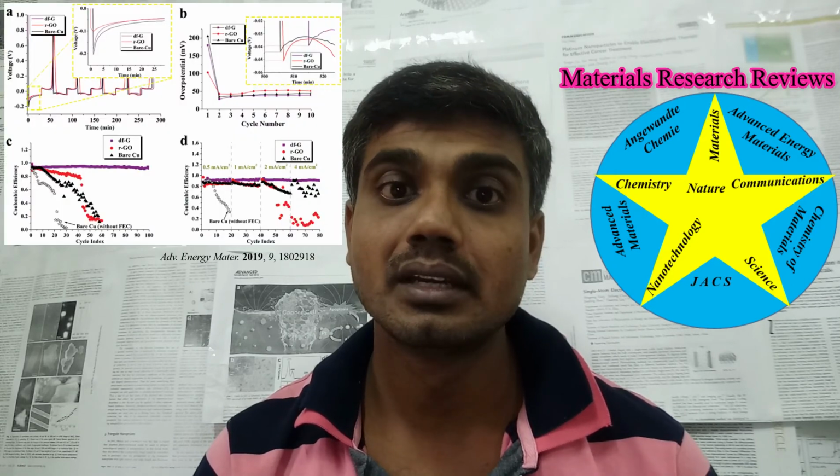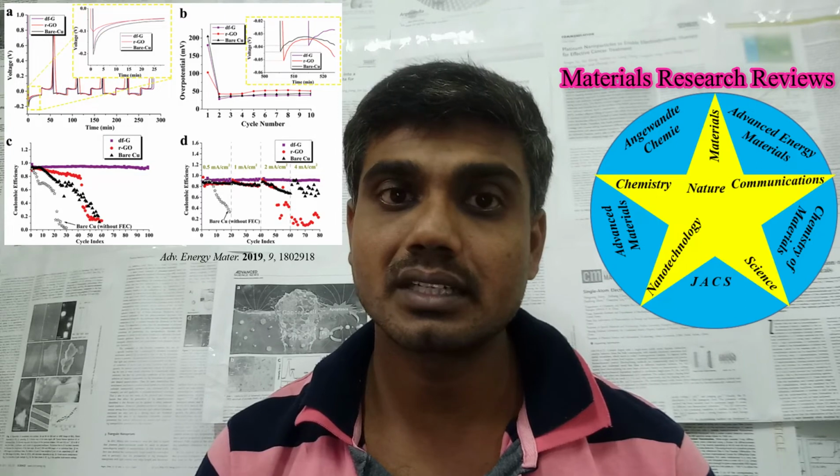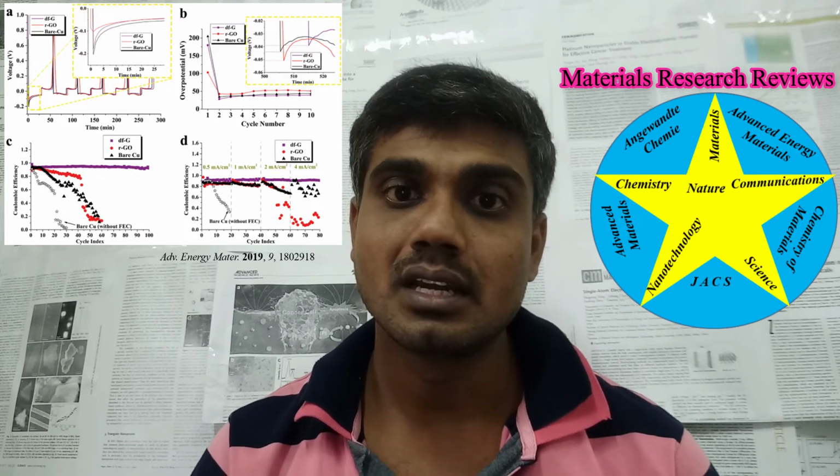First, the lithium metal nucleation potential they compared across the three: bare copper, reduced graphene oxide and defect free graphene. Initially the defect free graphene doesn't look so good, but after the cycles increase it becomes highly stable. After that, overpotential they compared with the three catalysts.